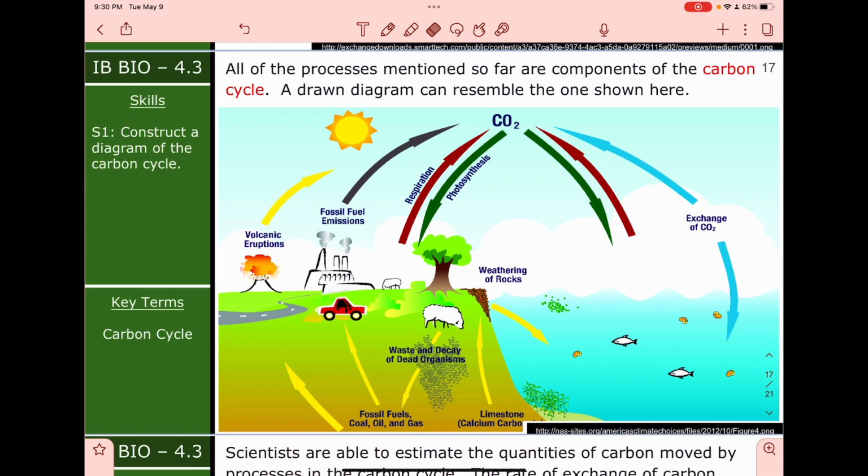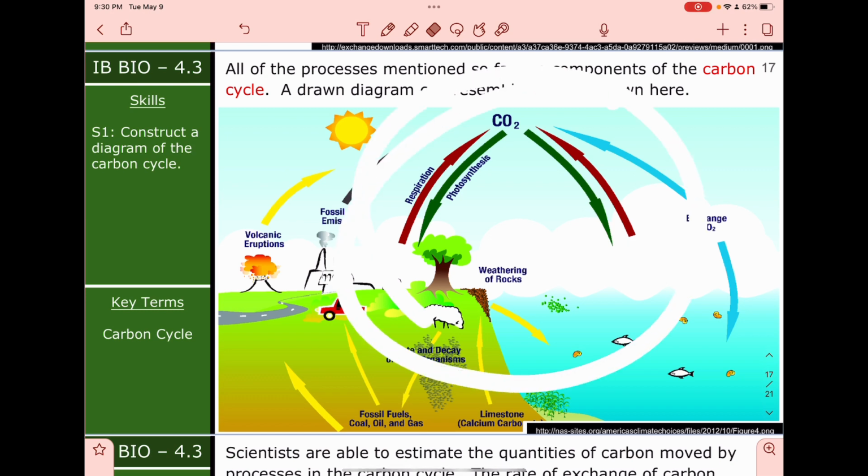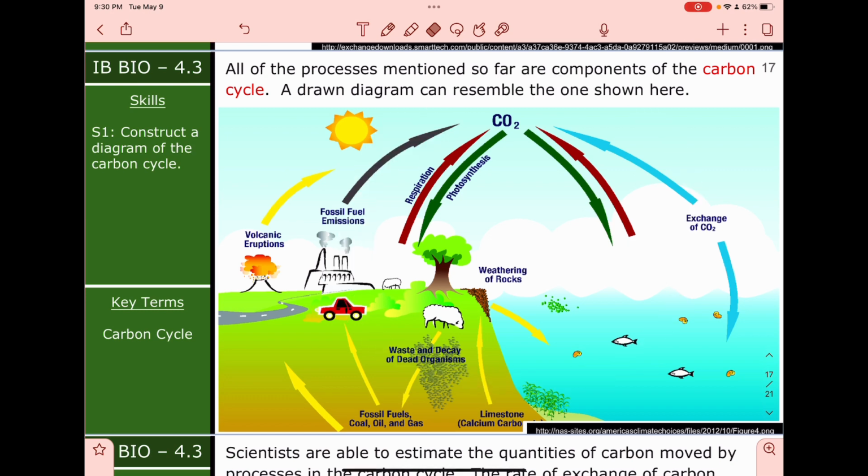You have emissions again from the animals in the ocean. You also have absorption, where absorption is through photosynthesis, and you also have absorption of carbon dioxide in the water, this exchange of carbon dioxide in the water. So all of this forms a nice cycle, and you will have to be able to reproduce and draw this cycle. So I'm going to discuss this at the end of the video.